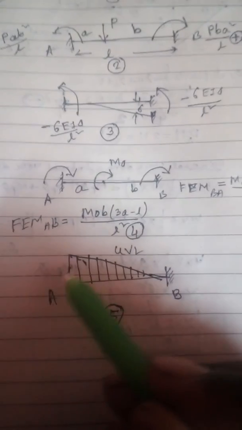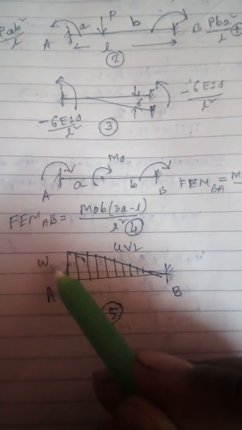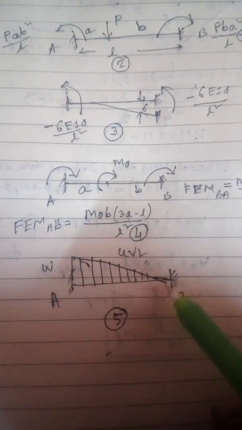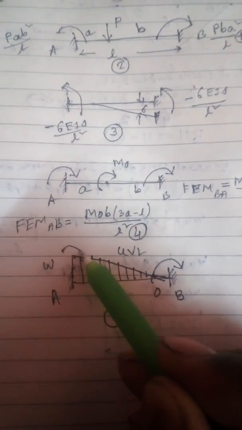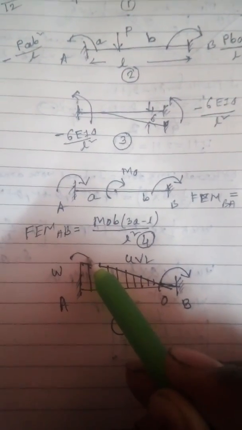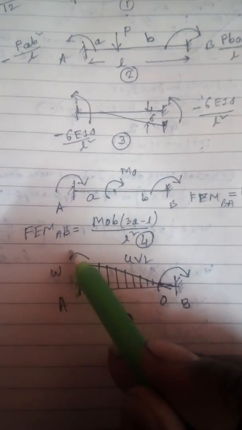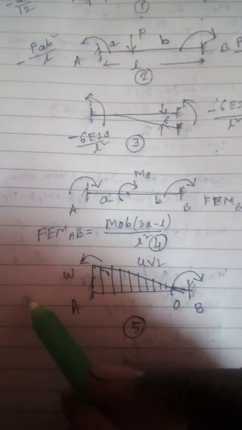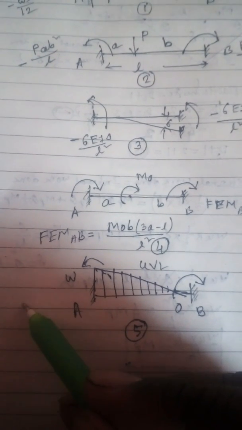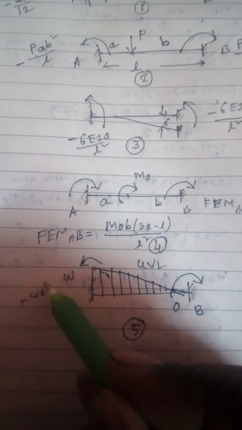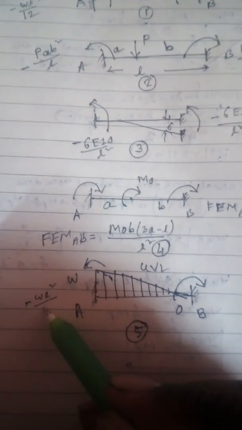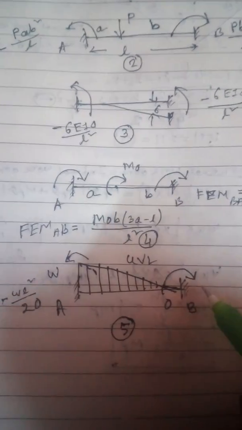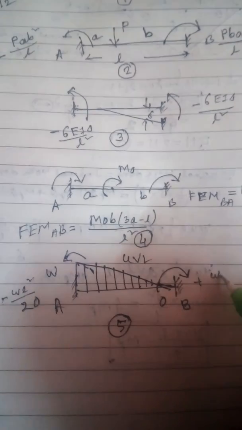Here the intensity is W and here its intensity is 0. What will be the fixed end moments? Here it is negative and its value will be minus WL square by 20, and here it will be plus WL square by 30.